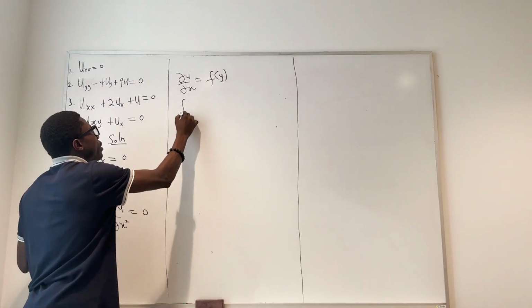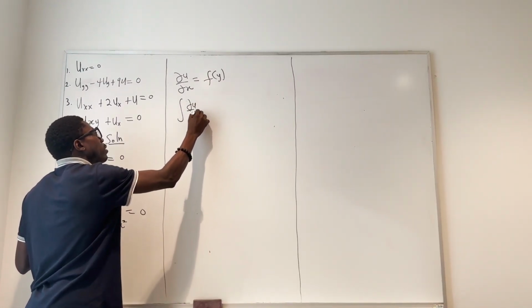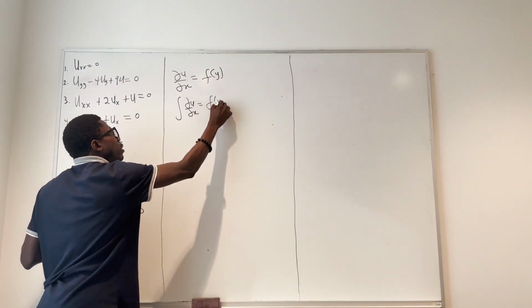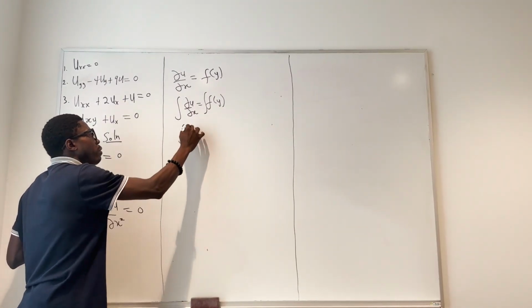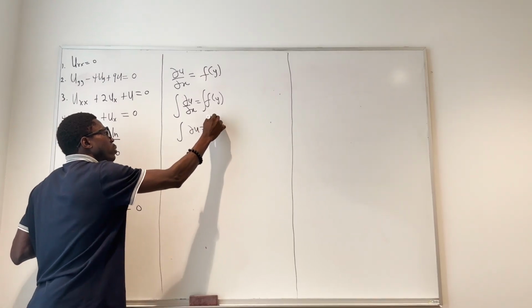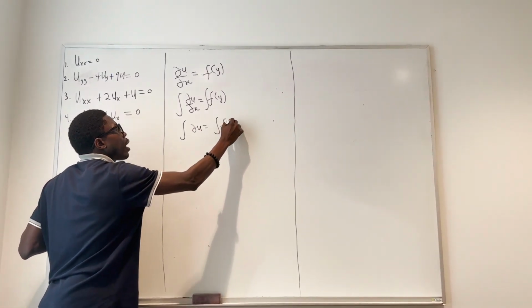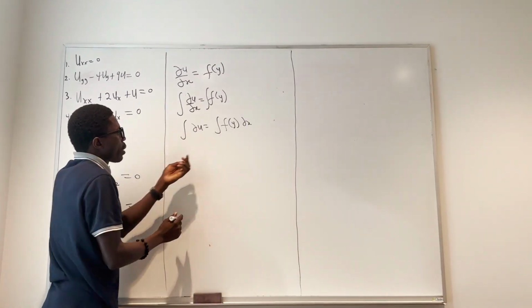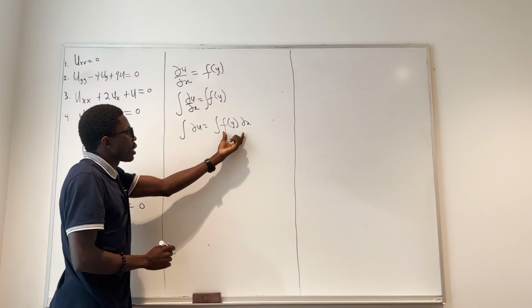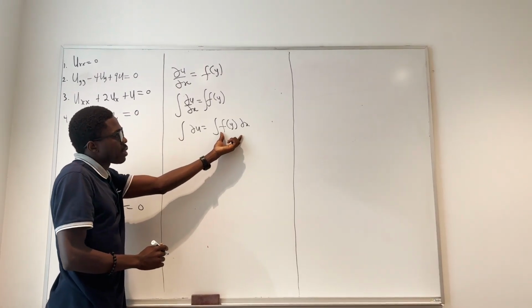So if I integrate both sides, I have integral of partial u is equal to integral of f of y partial x. But since we are integrating with respect to x, the f of y here represents a constant.